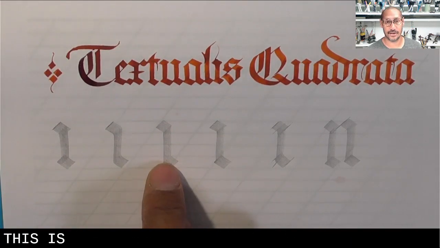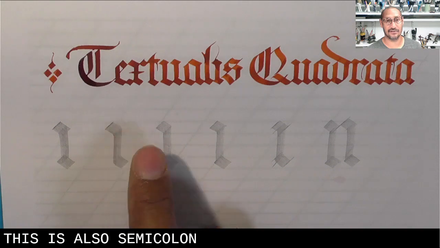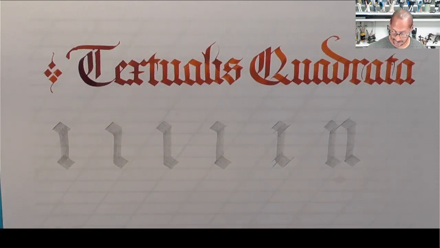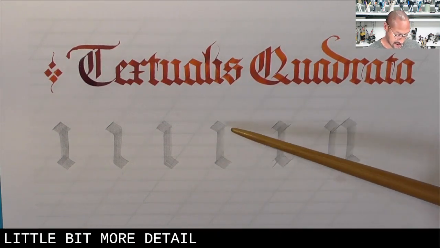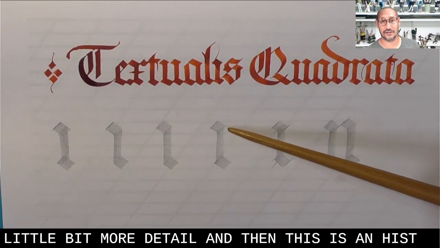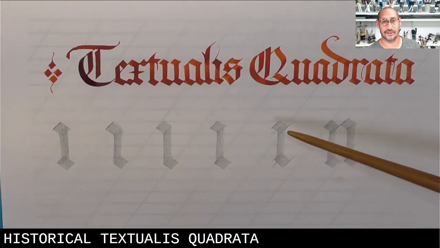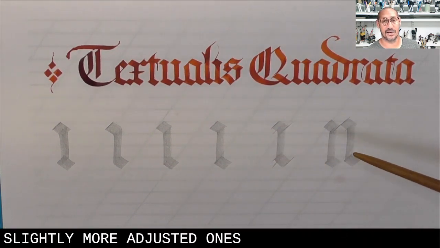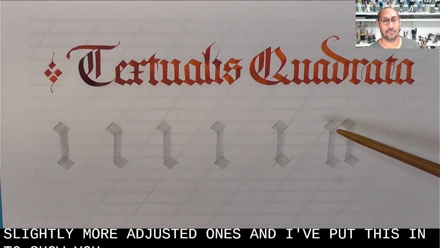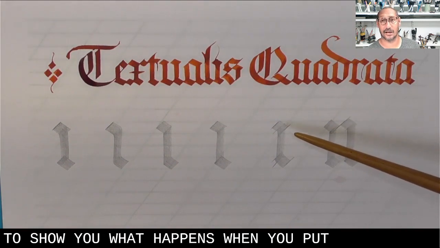This is also a semi-quadrata, but this has a slight curve to it, and this has an angle to it. So let's have a look at those in a little bit more detail. And then this is an historical Textualis Quadrata, and these are slightly more adjusted ones. And I've put this in to show you what happens when you put these lines in.